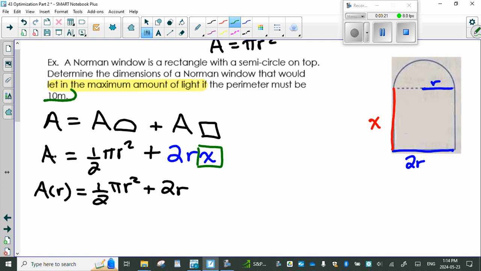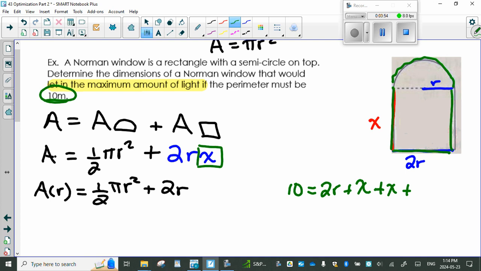The 10 meters is the framing. So that 10 meters has to be the 2R here, the bottom of the window, this side of the window, this side of the window, and then this wavy semicircle side of the window.